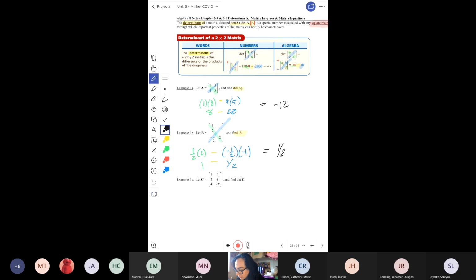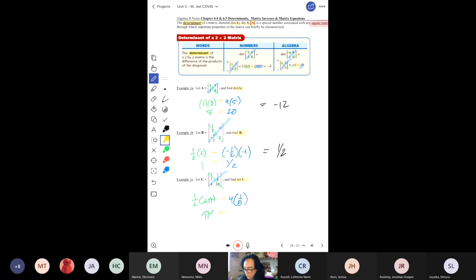Okay, let's try the next one. Again, a nice little 2x2 matrix. I'm asking you to compute the determinant of that matrix, multiply the elements on the main diagonal, subtract the elements on the cross diagonal. Okay, so that's going to give me 1/2 times 2 pi is just pi, right?